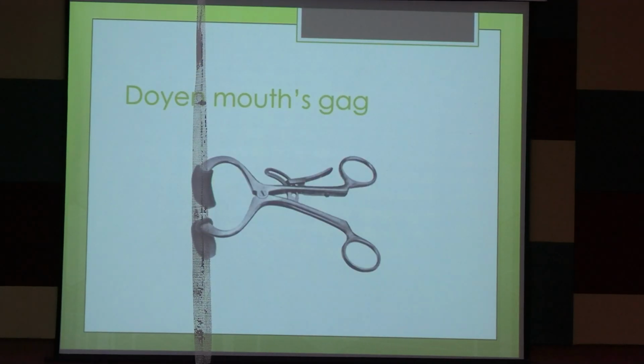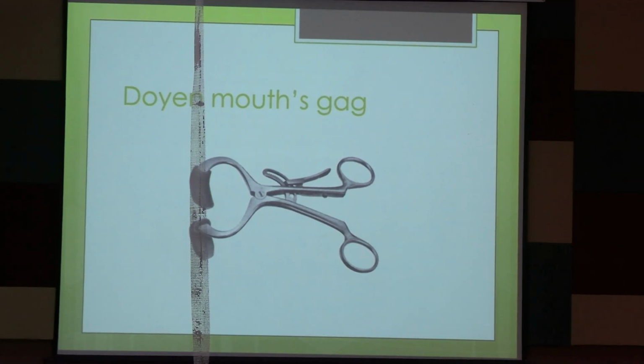We'll show you this instrument. This is a mouth gag. Where tongue surgery could not be done with Boyle Davis, we can use this mouth gag to just open up our mouth. Okay, we call it Doyen's mouth gag. There are many things named after Doyen, right? Doyen's retractor, right? Okay, so this is Doyen's mouth gag.